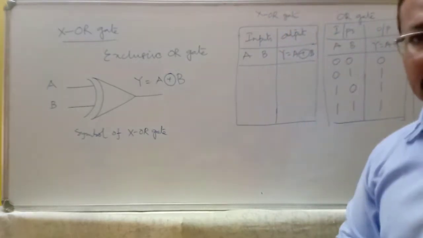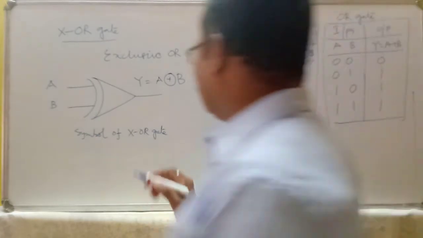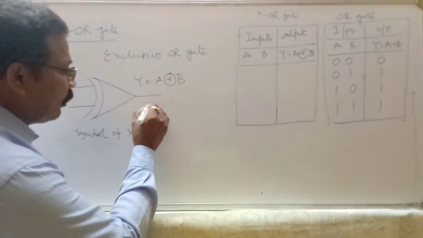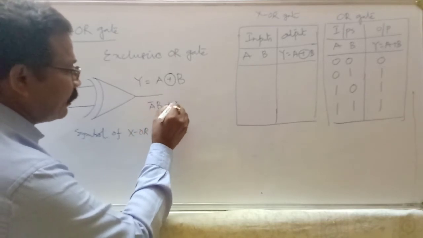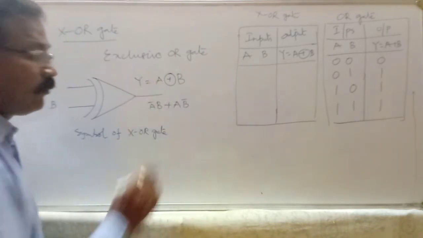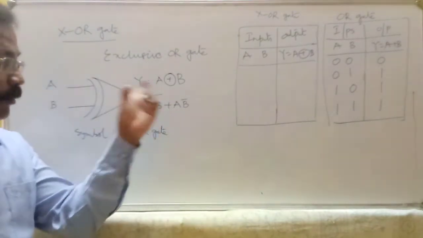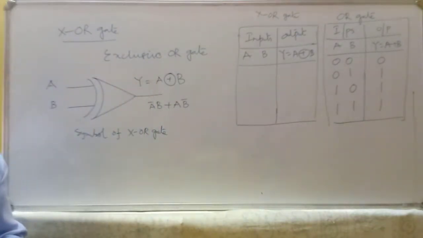XOR gate truth table. A XOR B is nothing but A bar B plus A B bar.